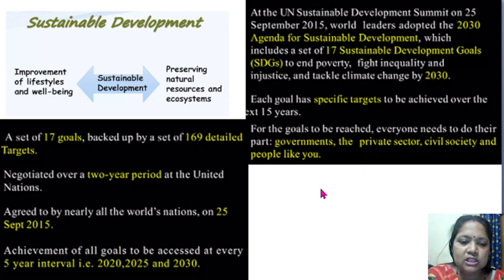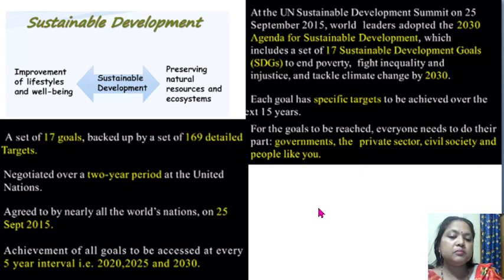The achievement of all goals is to be assessed at every 5-year interval, that is 2020, 2025 and 2030. It was launched in 2015, and after a 5-year interval the achievement of all goals is to be assessed, to see whether we have achieved something or not.